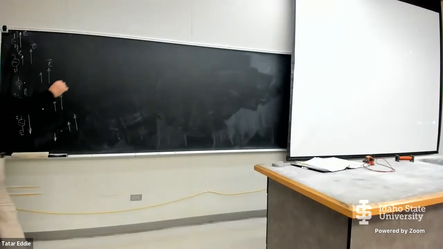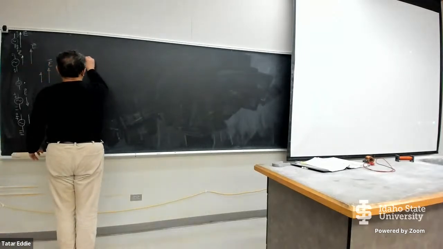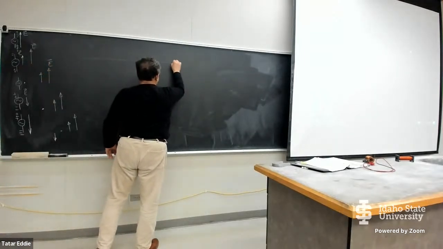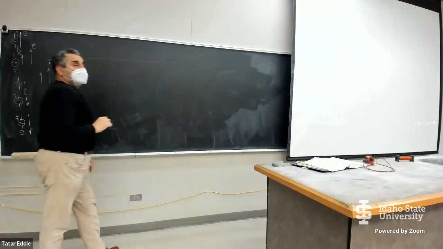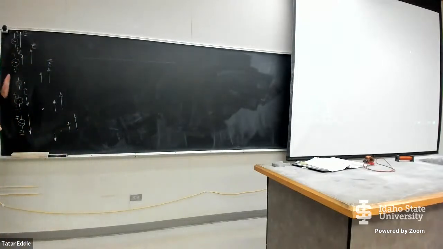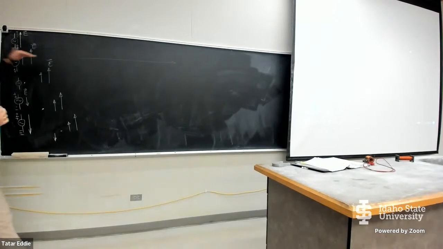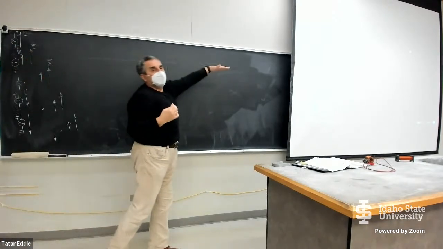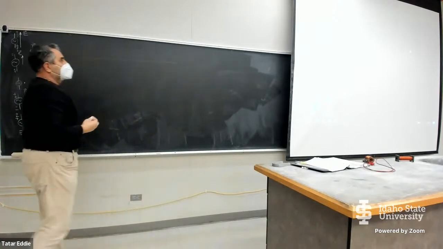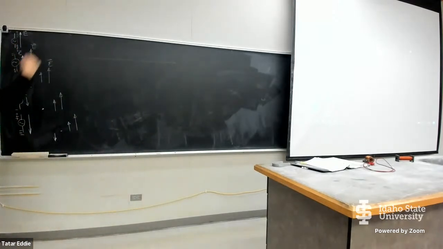So if you represent here the direction of motion of those electric field vectors, of course they are moving in all directions, but I'm just looking at those that are moving to the left or to the right.